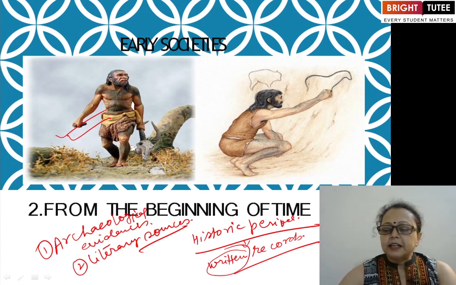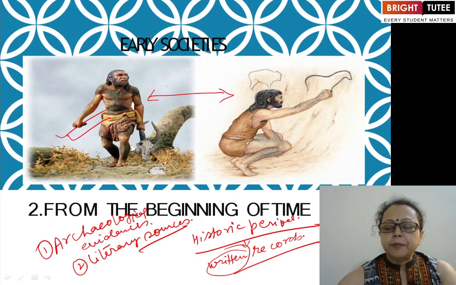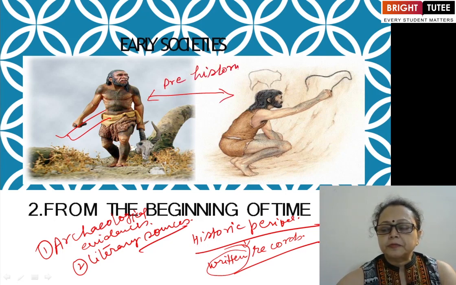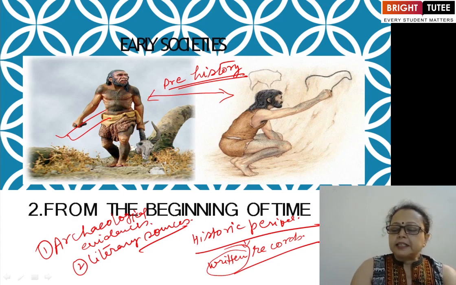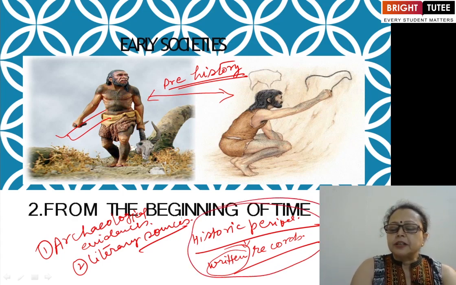Both these pictures are of prehistory, because till this time they did not know how to write. The skill of writing had not been developed. So this is known as prehistory and this is known as history.